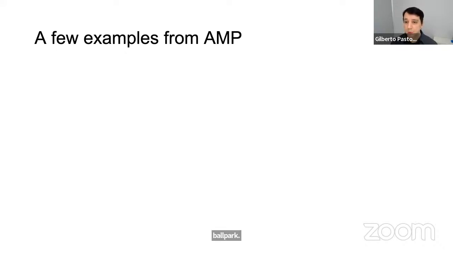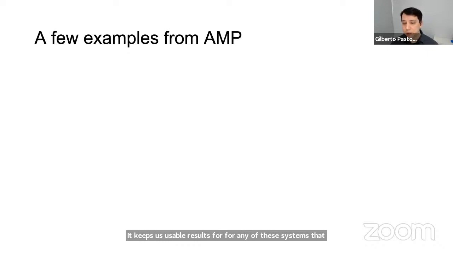So it is an imperfect system, but it gives us usable results for many of these systems that do not have storage. And storage in some ecosystems is very hard to do right, even with a profile.